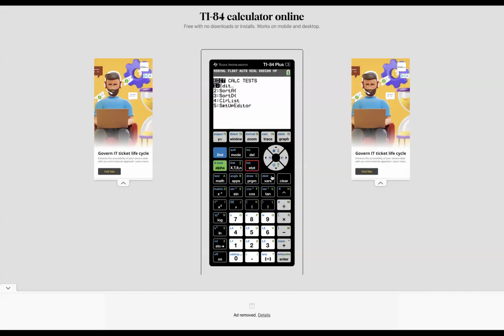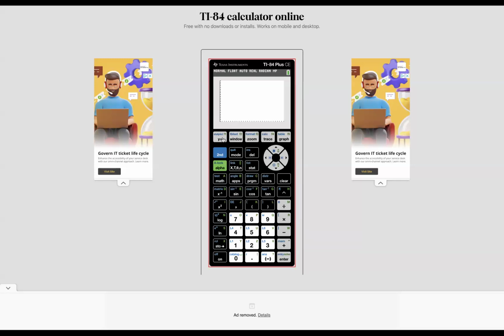We have the list. I don't see the graph here, right?